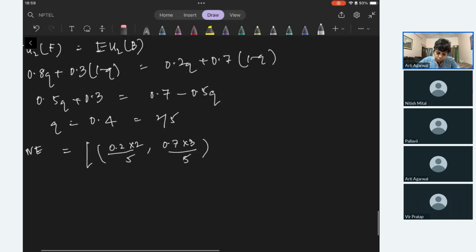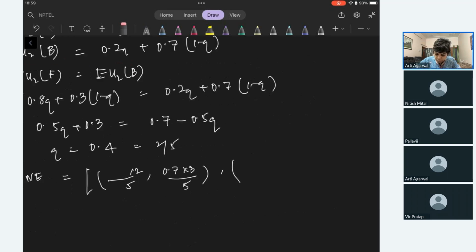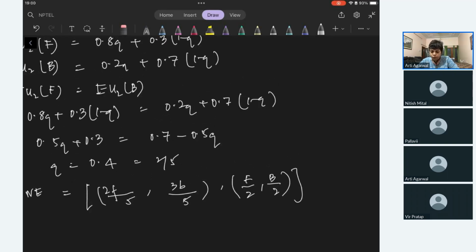Sorry, why am I writing 0.2, 0.3? F and B. F into 2 by 5, B into 3 by 5, and for player 2 this is just F by 2, B by 2, because P came out to be half. So capital F by 2, capital B by 2 is for player 2, but Q came out to be 2 by 5. So for P1, it is 2F by 5, sorry, and 3B by 5.